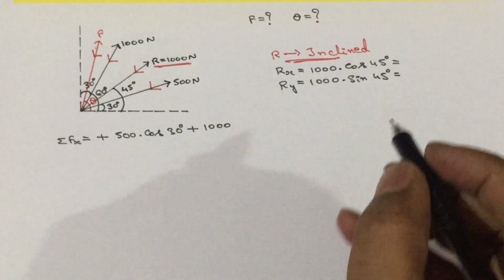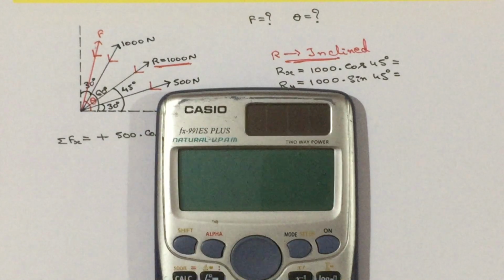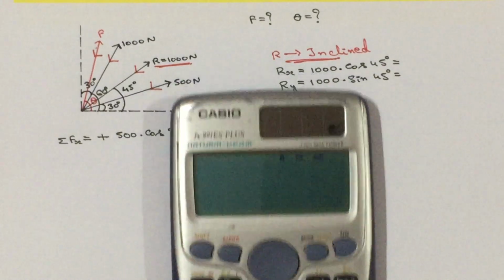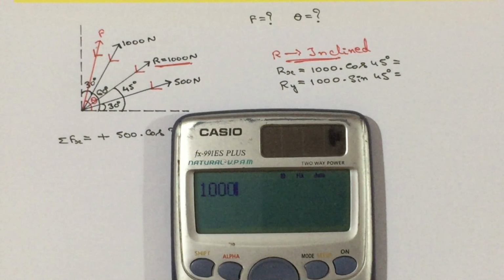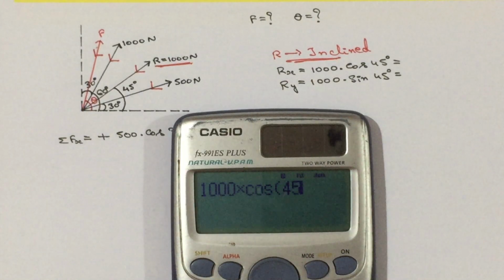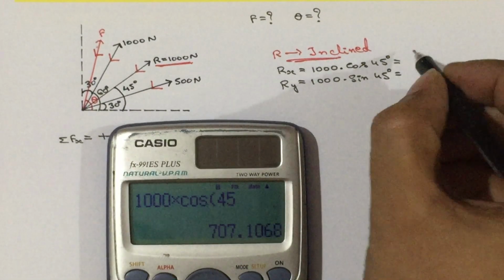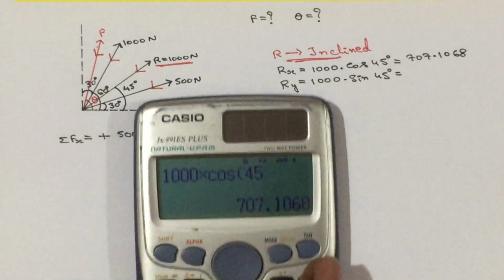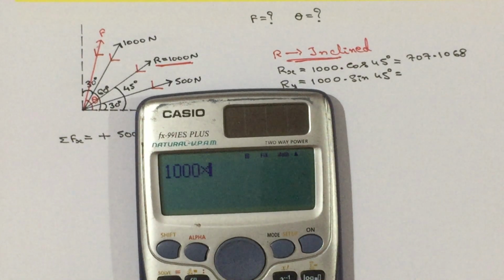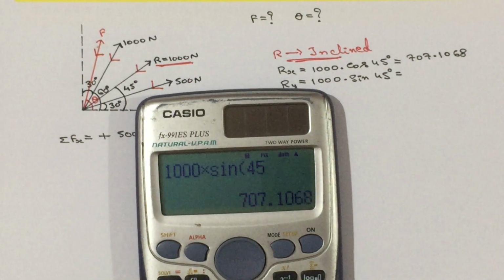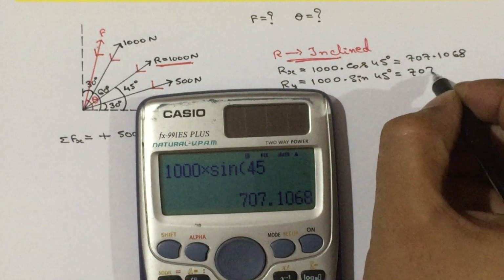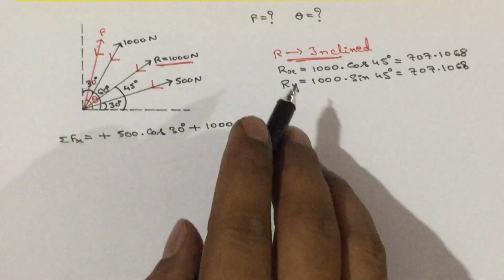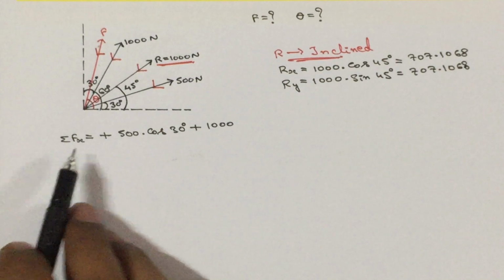You are going to get the value as 707.1068, then 1000 into sin of 45, it is also 707.1068.